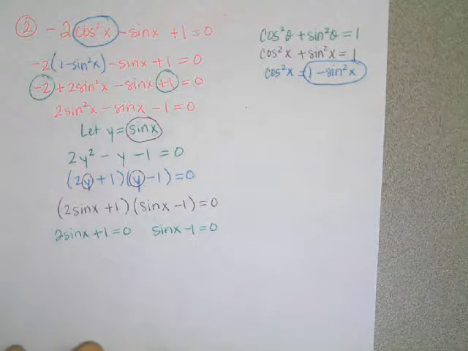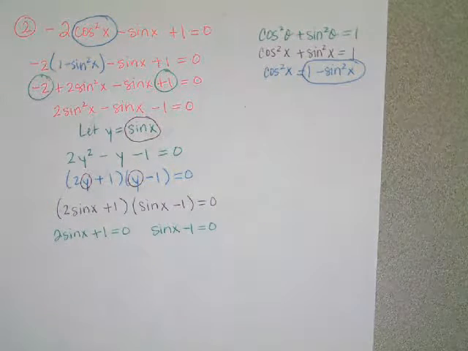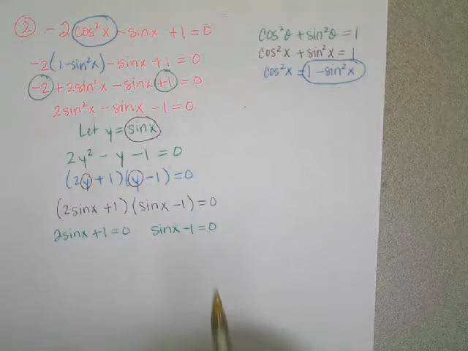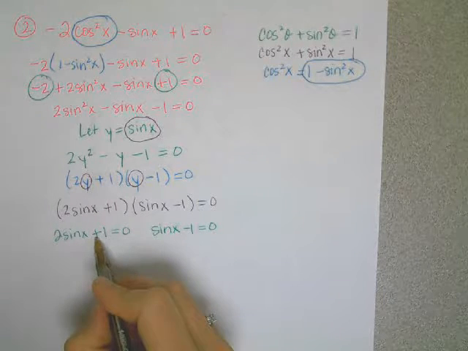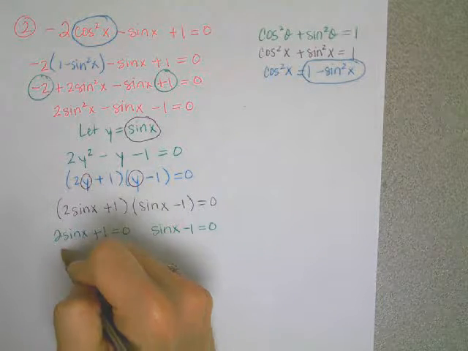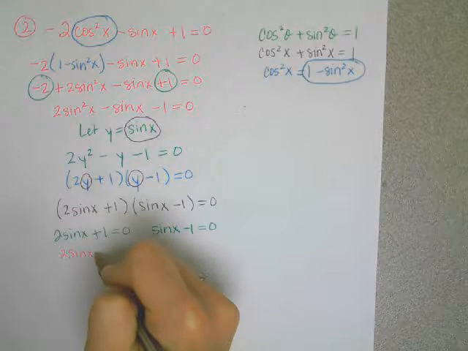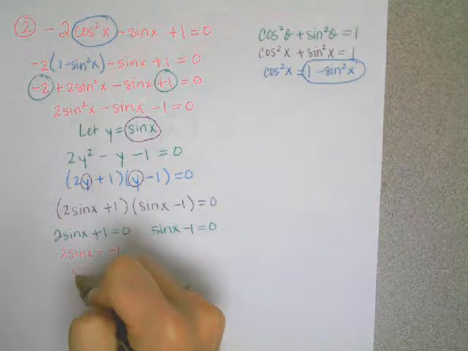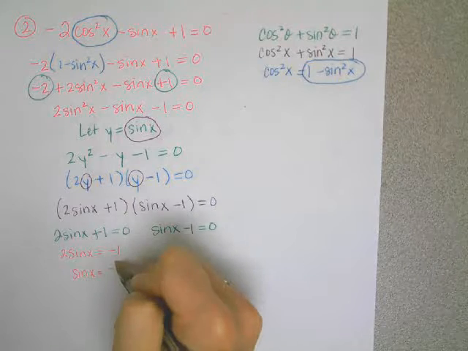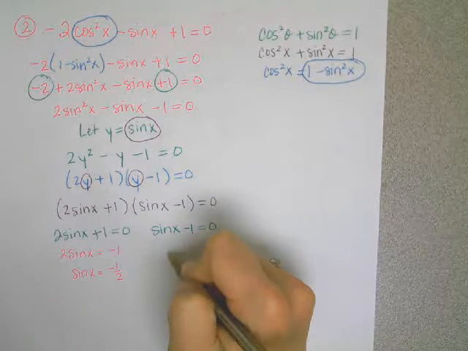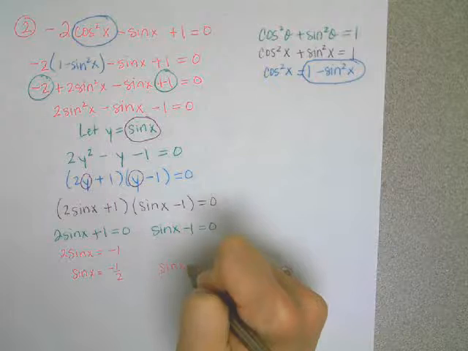Each expression is going to equal 0. This looks like example 1, where I individually solve them. So I'm going to subtract 1, divide by 2. So sine of x equals negative 1/2. And over here I'm just going to add 1 to the other side.